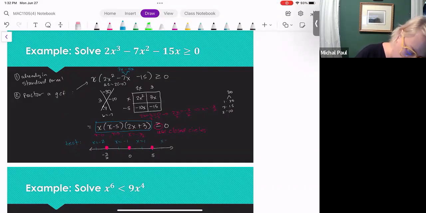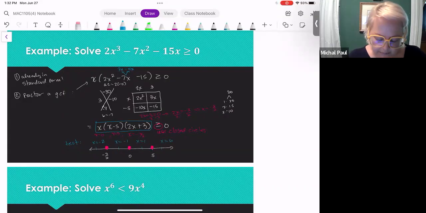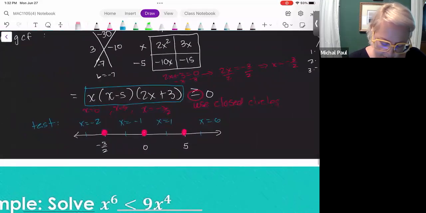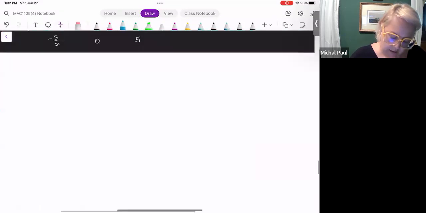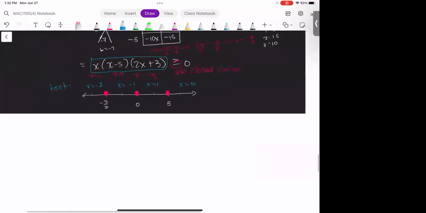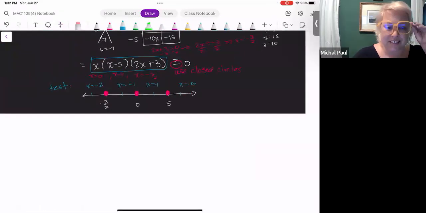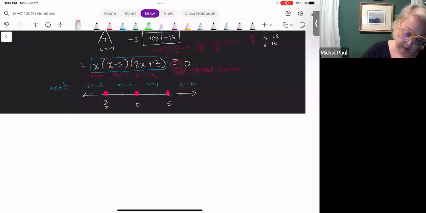And what I'm going to do is test it in my little factored equation. You don't even have to know the number that it's going to equal. You just need to see whether or not the product is going to be positive or negative. And I'm looking for all the places that have a positive product.